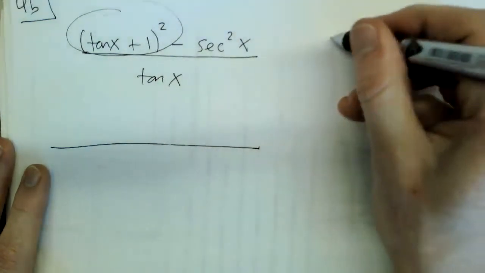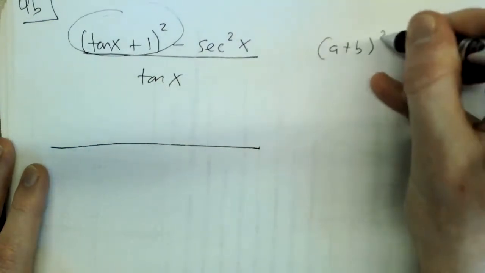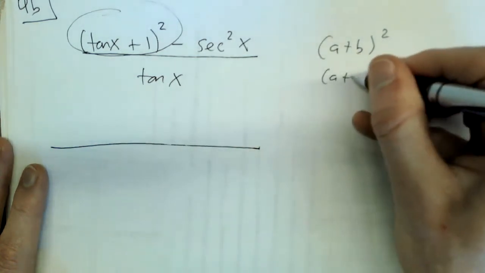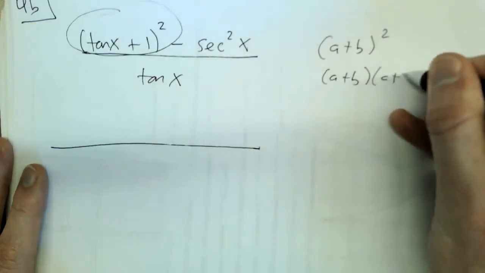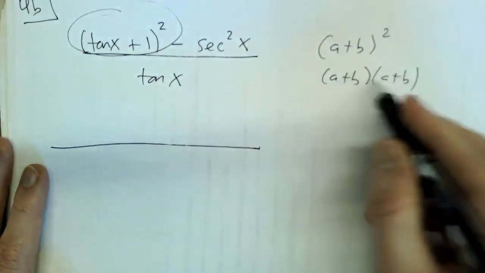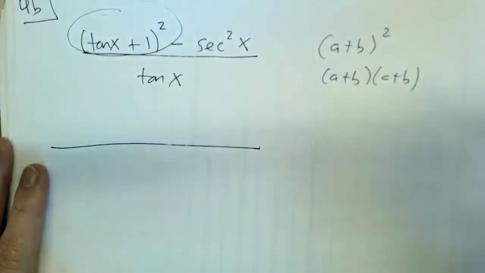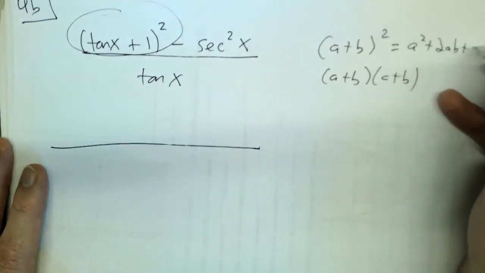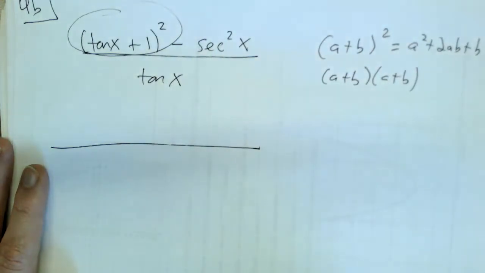When you have one thing plus another thing squared, that's not just a squared plus b squared, right? That's a plus b times a plus b. If you actually multiply this out manually and collect like terms, you get a squared plus 2ab plus b squared. It's kind of worth knowing that.